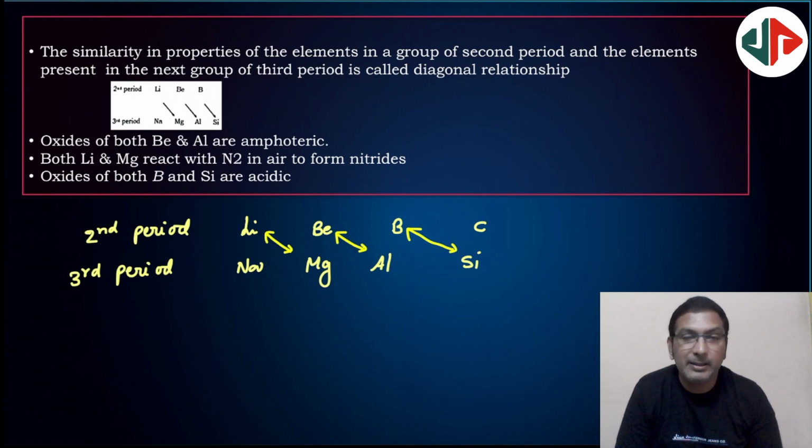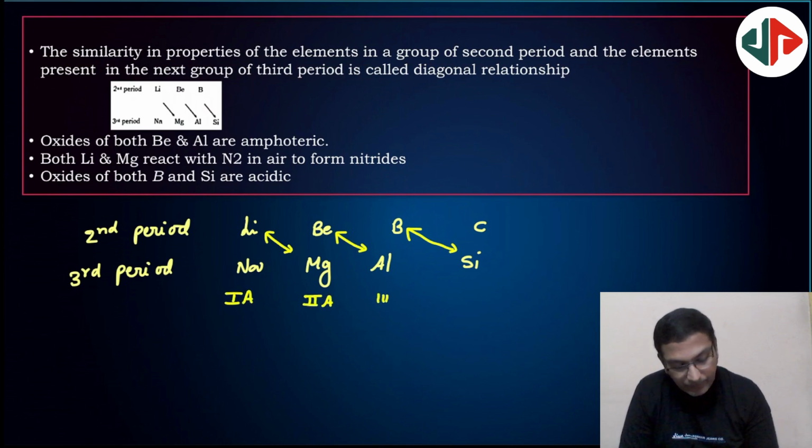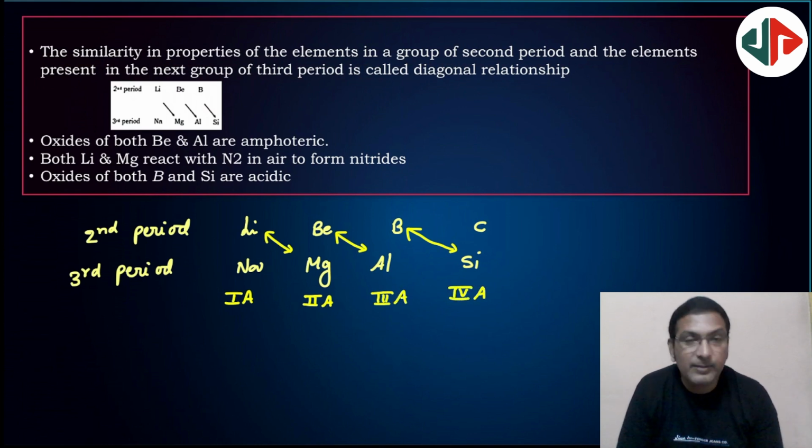So first element of second period is diagonally related with the second element of third period, which is placed in next higher group. This is first A group, second A, third A and fourth A. So first element of second period is diagonally related to second element of third period, which is placed in higher group.